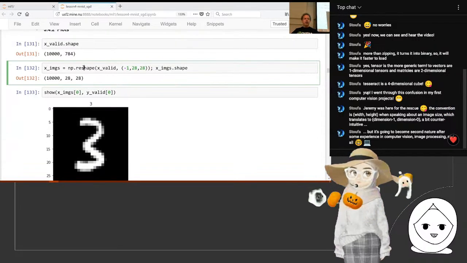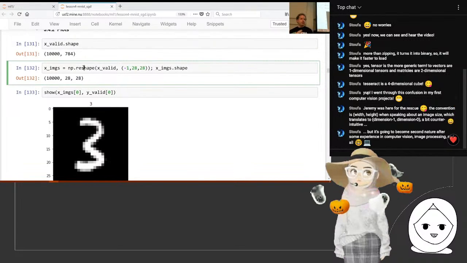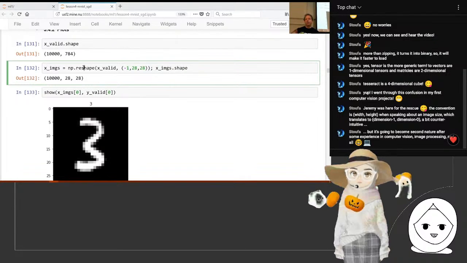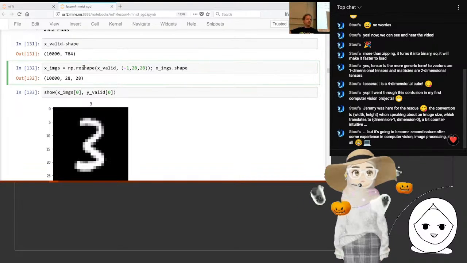They were flattened. I need to unflatten them into a bunch of matrices. Okay, reshape, bang. I read some images in with OpenCV, and it turns out OpenCV orders the channels blue, green, red. Everything else expects them to be red, green, blue. I need to reverse the last axis. How do you do that?